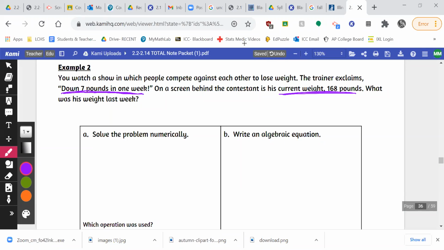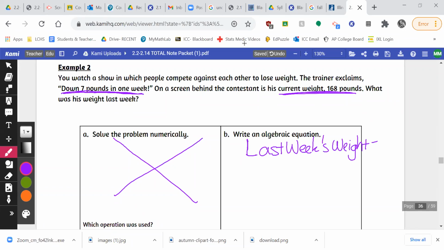So I am going to have us start thinking about these problems algebraically right away. What we want to solve for is his weight last week. So last week's weight, and I'm going to name that L for last week.